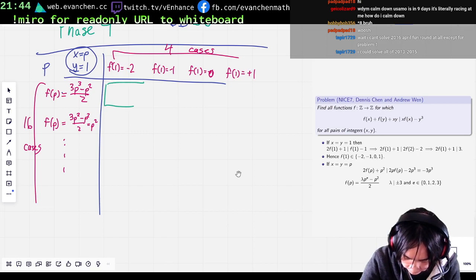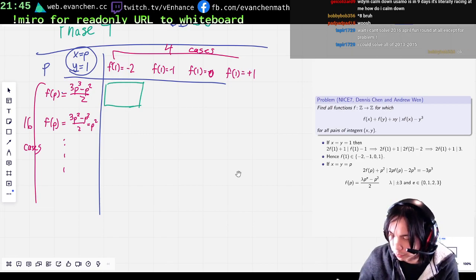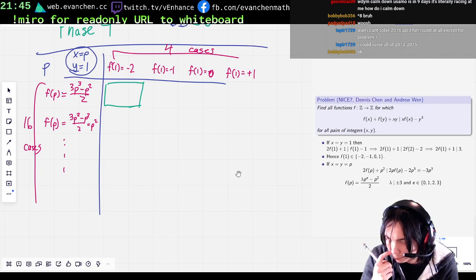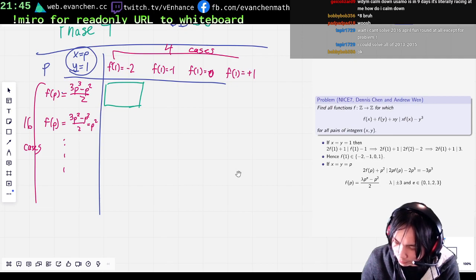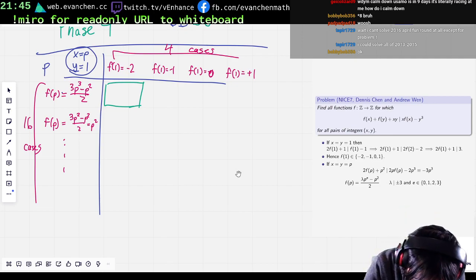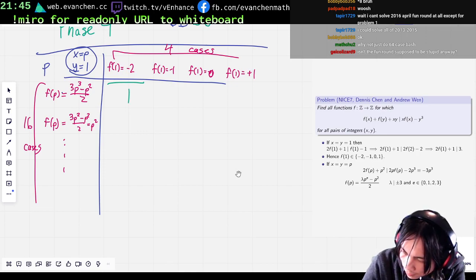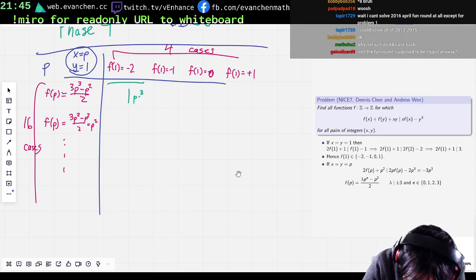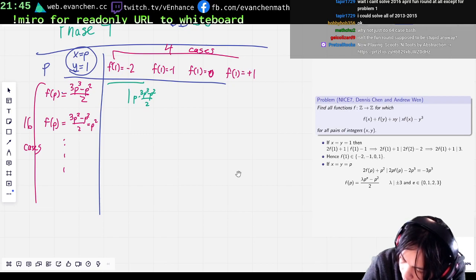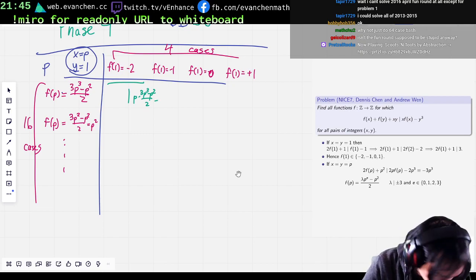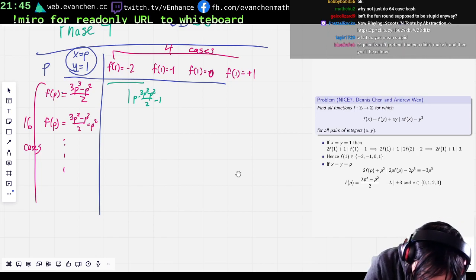For example, if f of p is 3p cubed minus p squared over 2, then the right-hand side is p times 3p cubed minus p squared over 2 minus 1, which is divisible by minus 2 plus p plus 3p cubed minus p squared over 2.